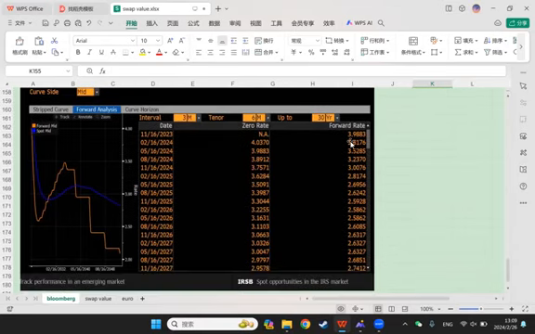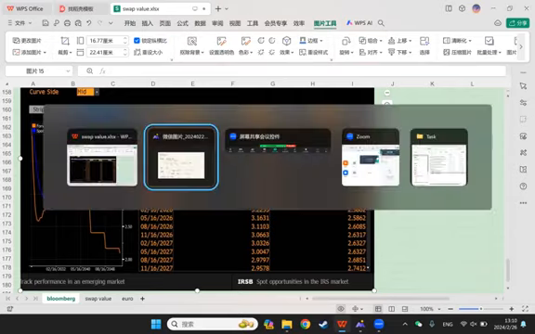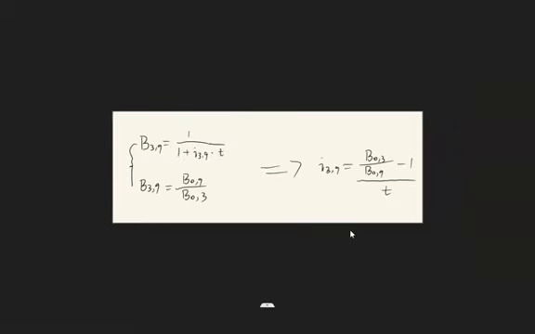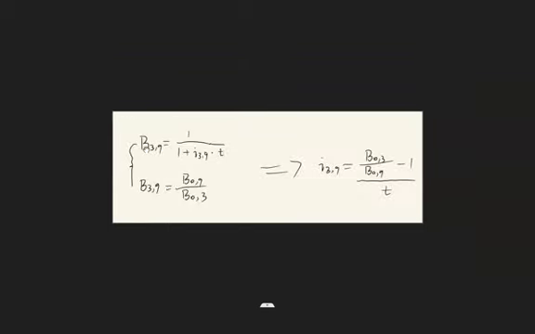The forward rate is just that we have a period. The period is starting from now until February 16th. The tenor is 6 months. The forward rate is what? So we then use the formula to calculate the forward rate here. First, we calculate B, that is the bond value.